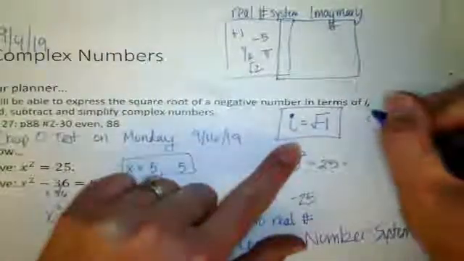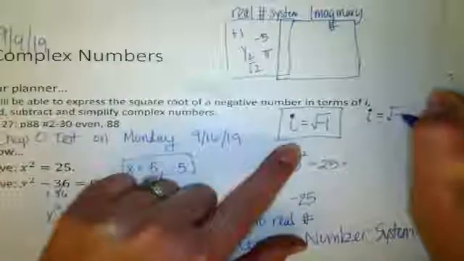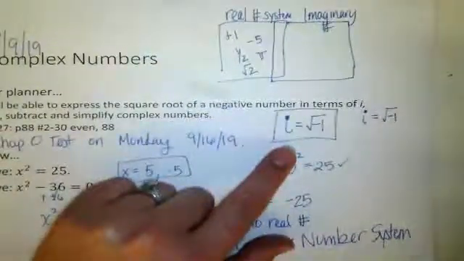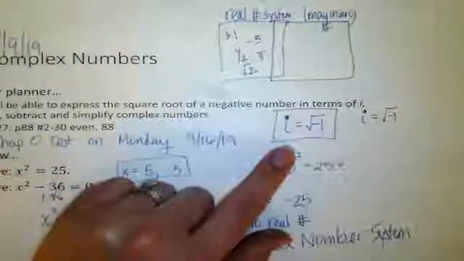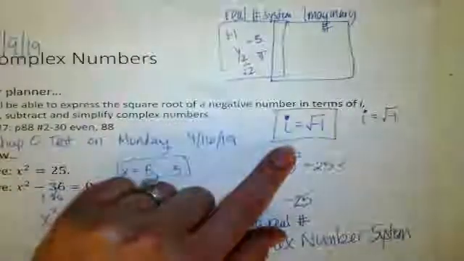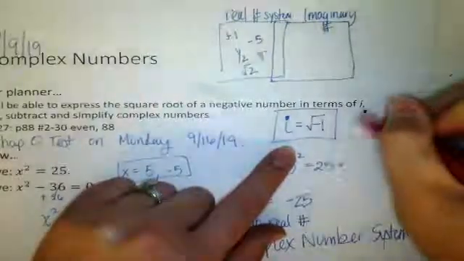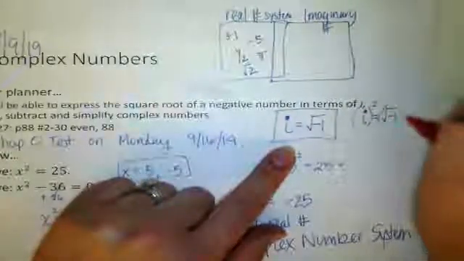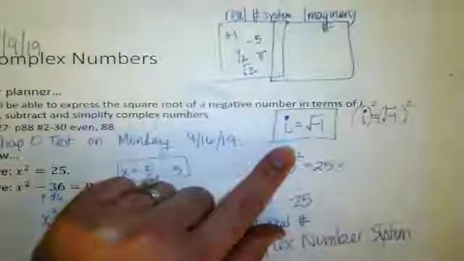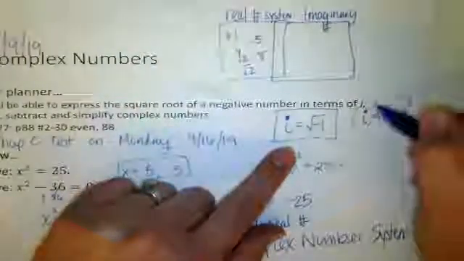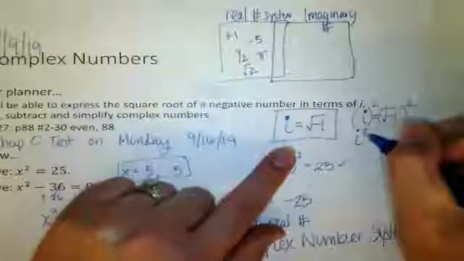Now, I can do some other stuff to that. If I know that i is equal to the square root of -1, you should definitely write that down. Then I can also do some operations with that. So let's say I want to square both sides. It's an equation. I can do that. I'm allowed. So i being squared is i squared.